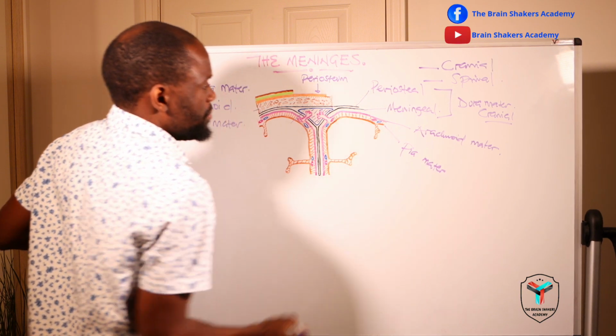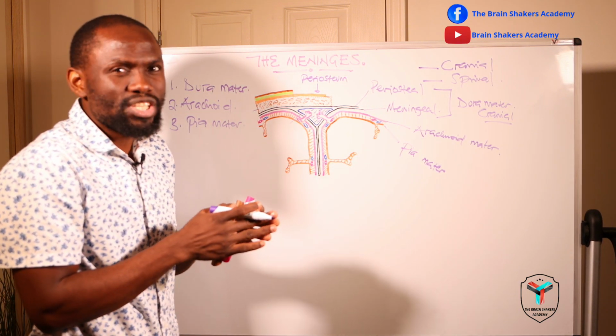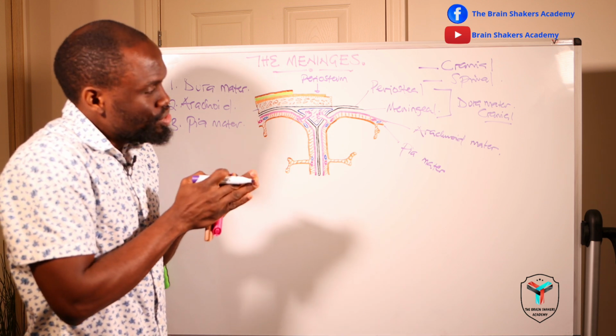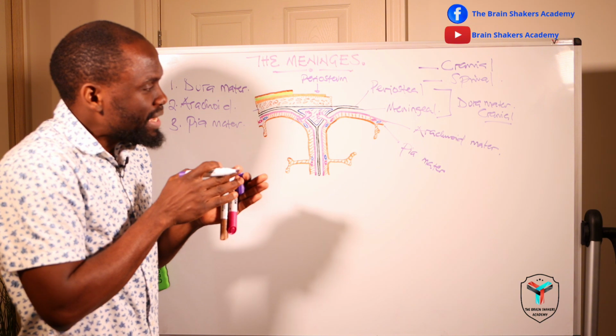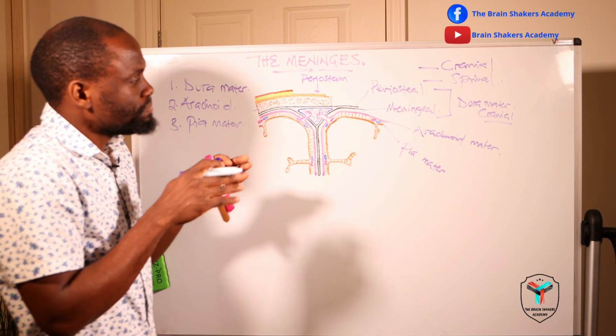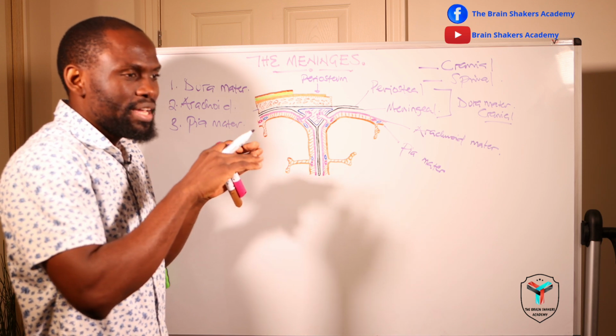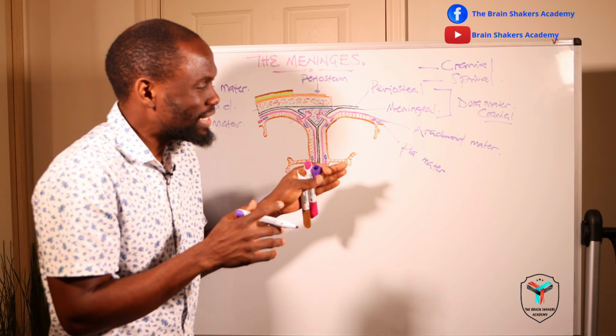The pia mater is actually closer to the brain tissue itself, but it is not firmly attached to the brain tissue. It is separated from the brain tissue by the end feet of the astrocytes. Astrocytes are cells with glial limitans around them, and they are often referred to as astroglial cells.